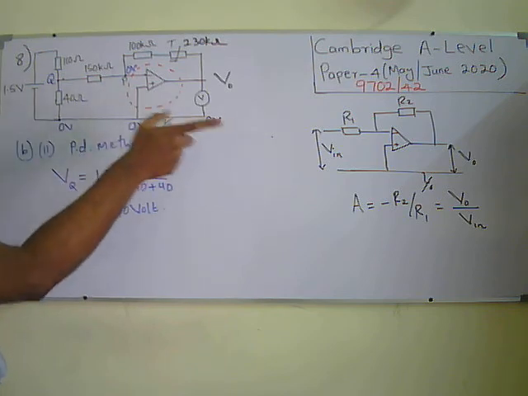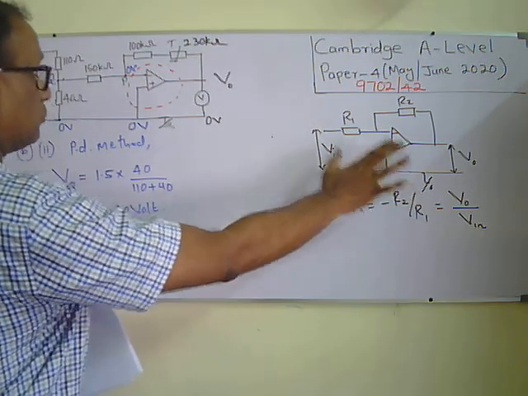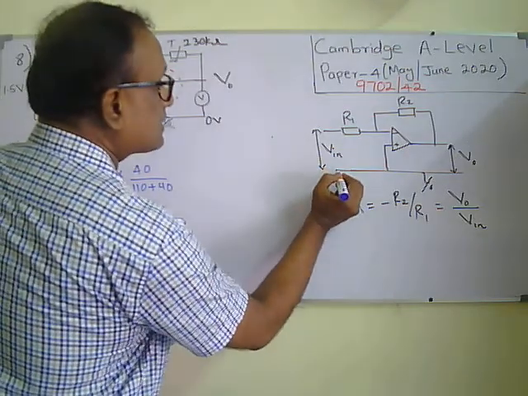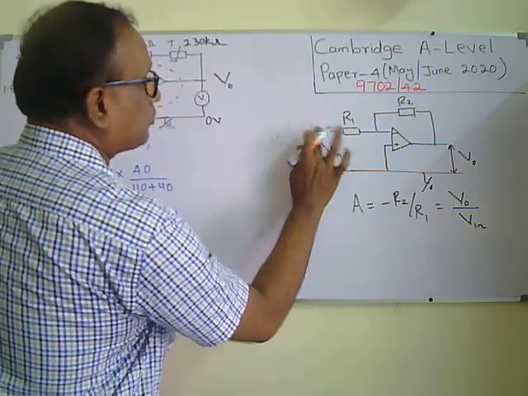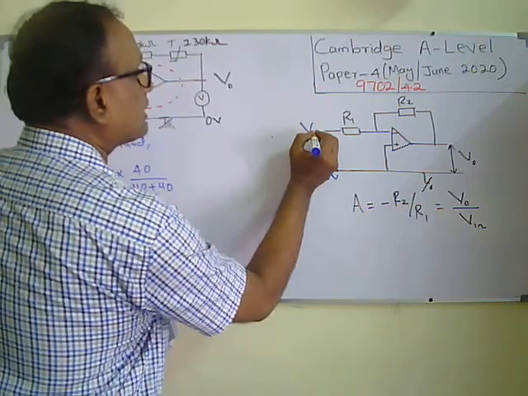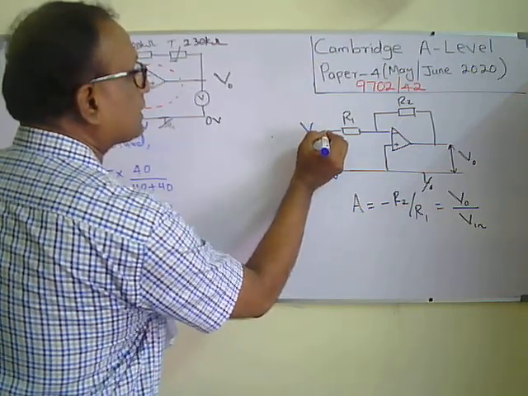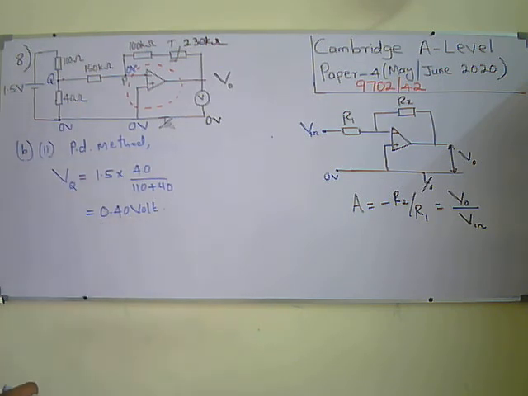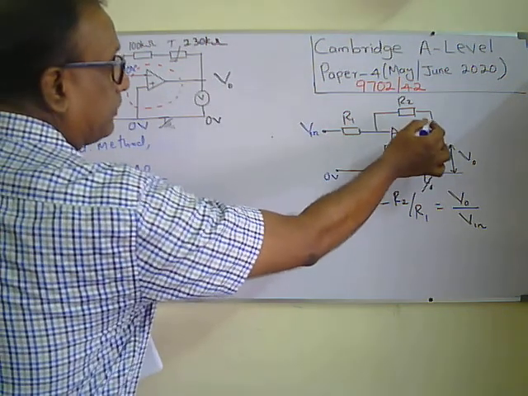Compare that with the standard circuit you learned. This is 0 volt, and here this is 0 volt. This is the input voltage, so I can call this V in. At this point, the voltage is V in. In the same way, this voltage is the input 0.4 volt. This is the feedback resistor R2.